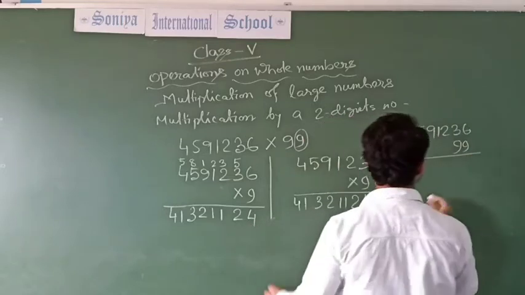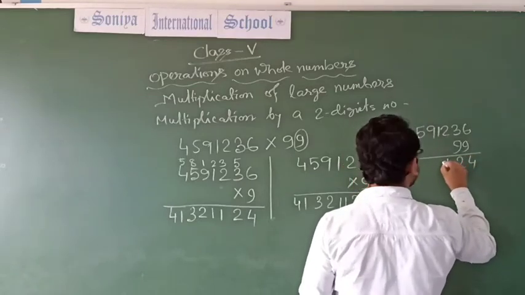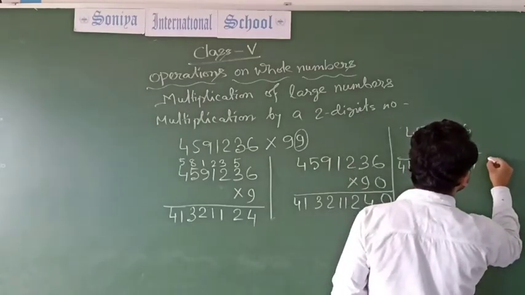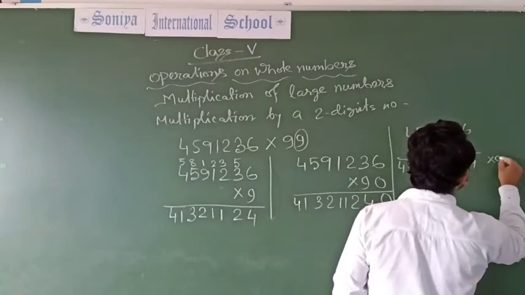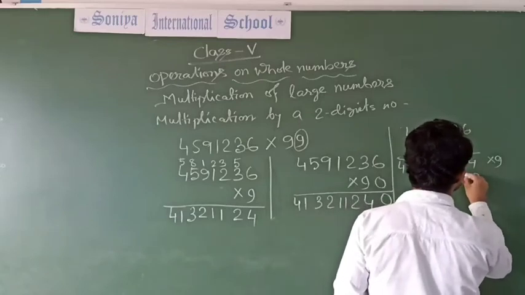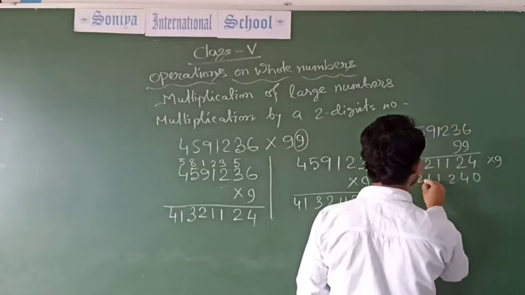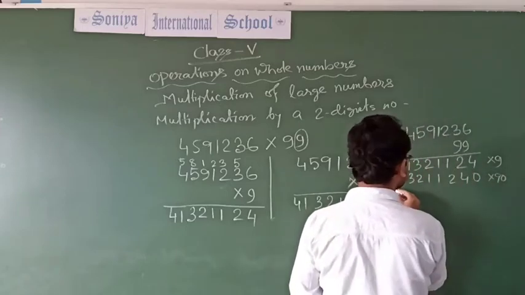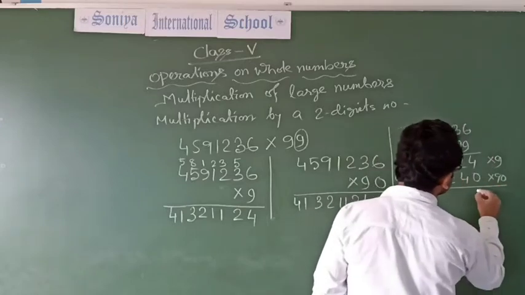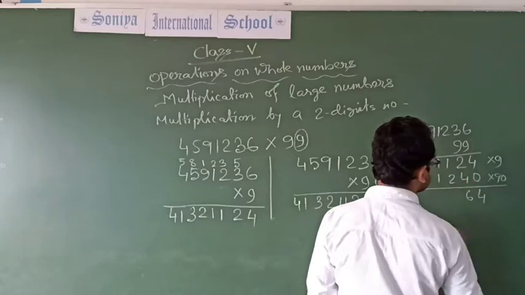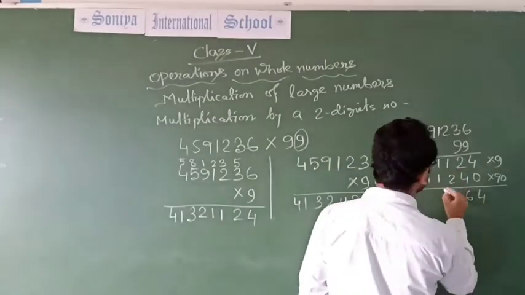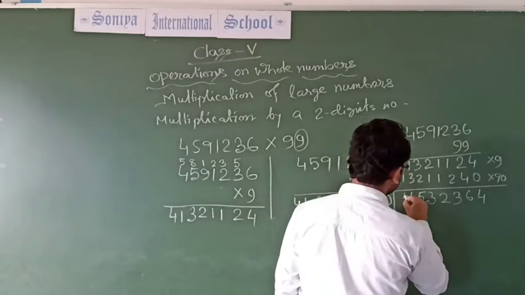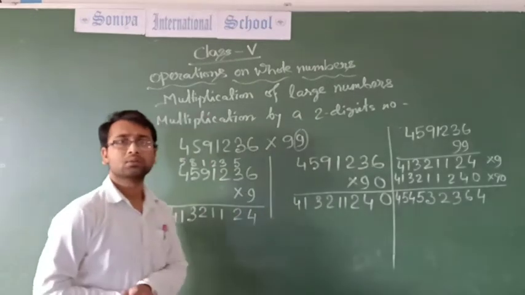The first result is 41312124, which is multiplication by 9. And 0 41312124 is the multiplication by 90. So add these numbers, carrying digit by digit.